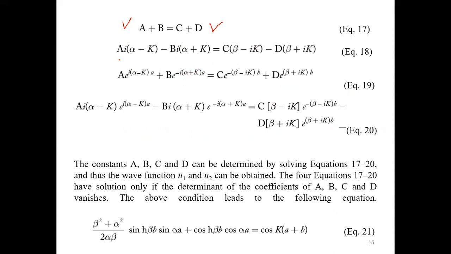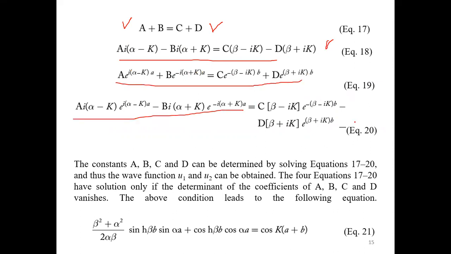Then in the first derivative, if you put in, you will get this equation, and from the third condition you will get this equation, and from the fourth condition you will get this equation.